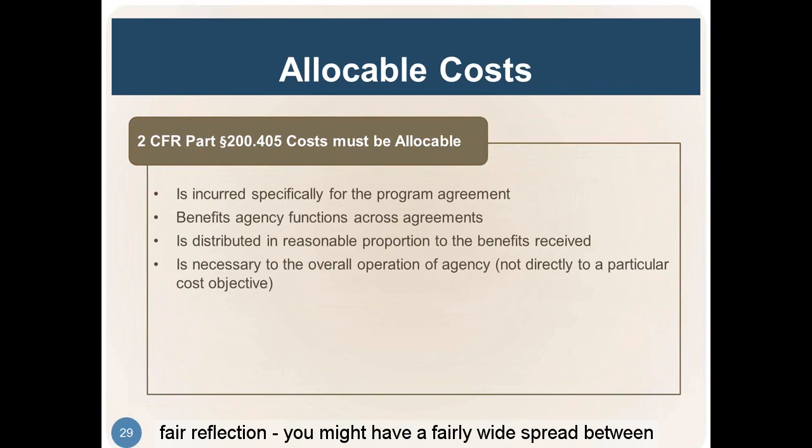You might have a fairly wide spread between how much share LIHEAP is incurring for HR services versus IT support. And so trying to figure out, if they're pooling those costs together, what is a fair reflection of those different types of costs. And of course, making sure that it is a cost that is actually necessary for the overall operation of the agency.